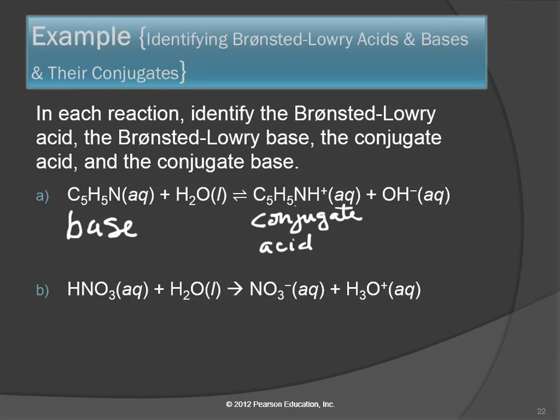So the reactants we're going to label as acid and base. The products get labeled as conjugate acid and conjugate base. So if this is a base, that means water has to be acting as an acid. You have to have one of each. You can't have two acids reacting or two bases reacting. They'll mix, but they won't react. So this has to be the acid.